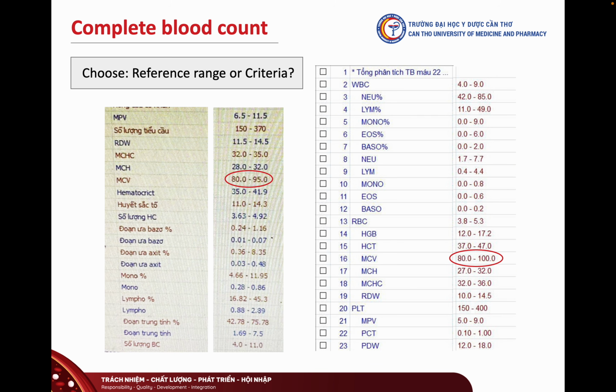So, who is right and who is wrong? Actually, neither. Each machine or lab uses its own reference range based on the calibration, population data, or analyzer settings. But in this course, we don't rely on the machine-generated reference range.